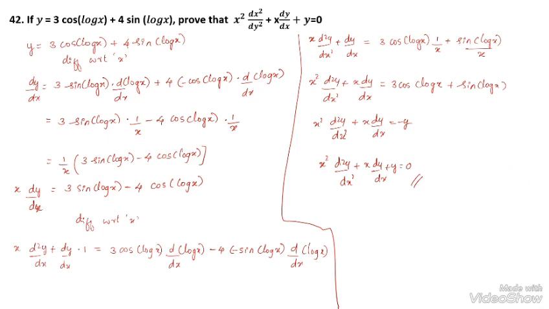Let's move on to question number 43. Find the integral of 1 divided by root of a square minus x square with respect to x and evaluate 1 divided by root of 7 square minus x square.